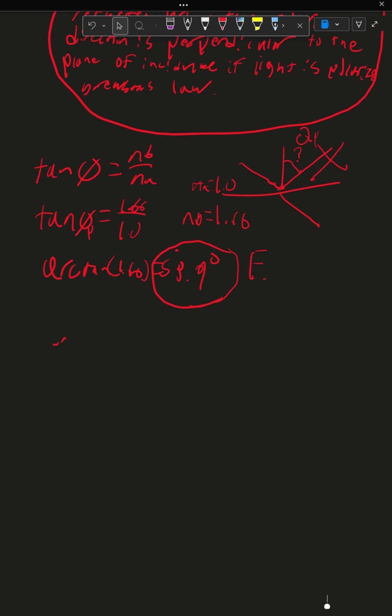If unpolarized light propagating in the glass strikes the glass-water interface, the light reflected back into the glass will be completely polarized if the angle of refraction is 50.5 degrees. Find the polarizing angle in this situation. So right now we're trying to find the angle in which the light will be just polarized.